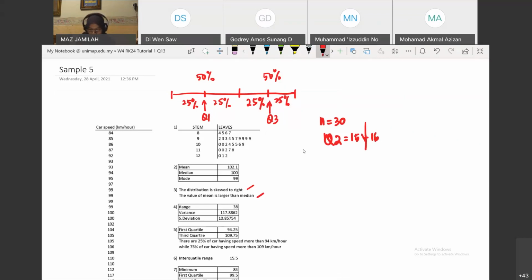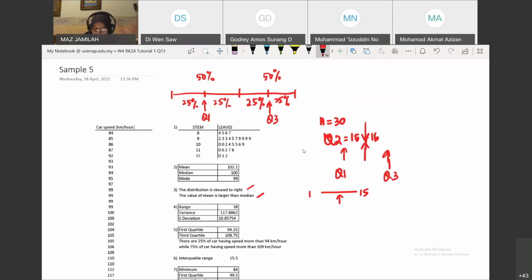Assuming that the plot is correct, you will have your Q2, your Q1, and your Q3 would be in what class? So you have 1 until 15. What will be the middle value inside here?